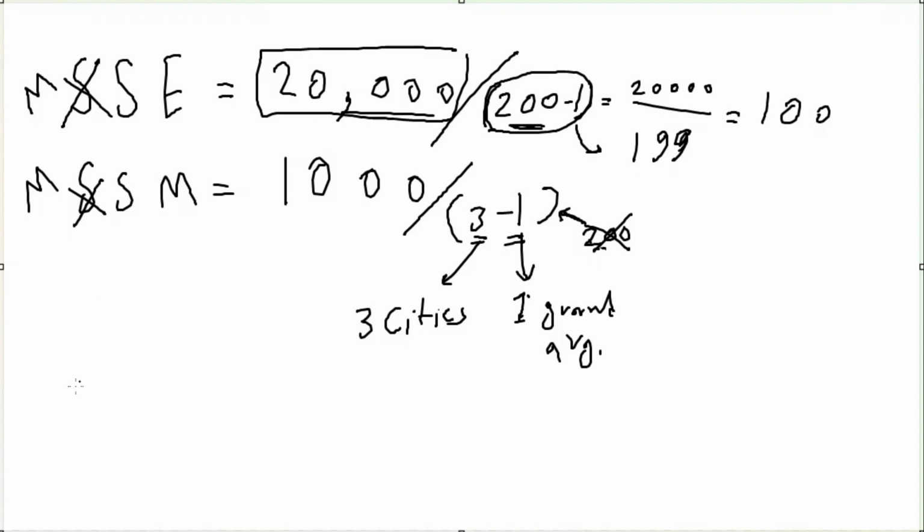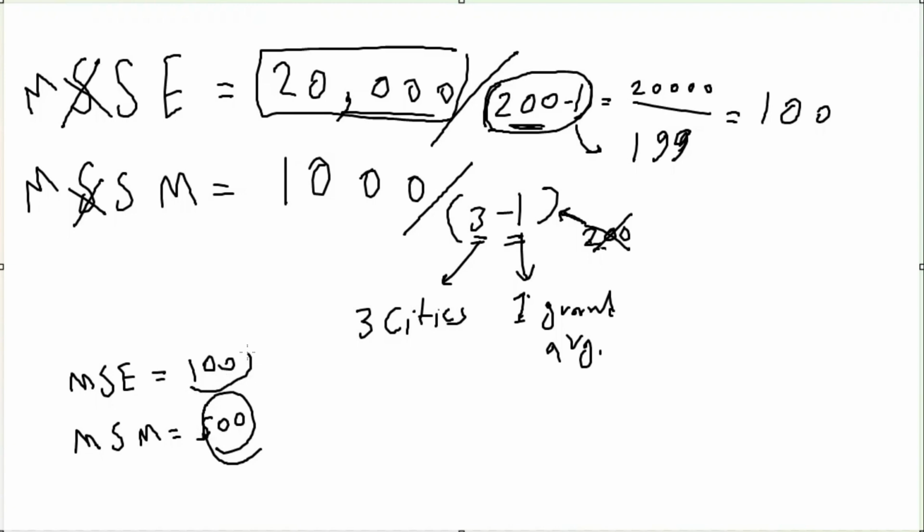So we'll have mean squared error, which is 100, and mean squared model, which will be 500. Again, we want this average, the model one, to be large, and this one represents the errors in our problem, we want it to be small, and we want this to be large.